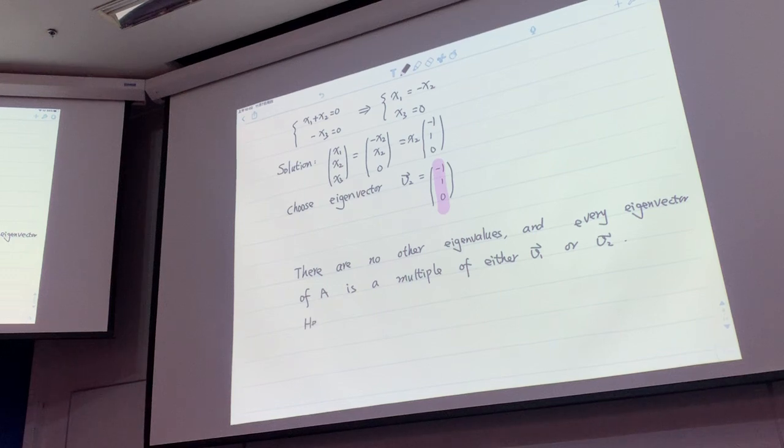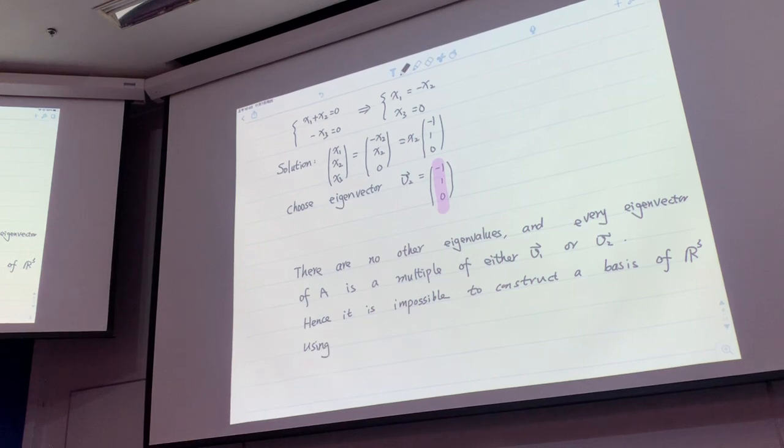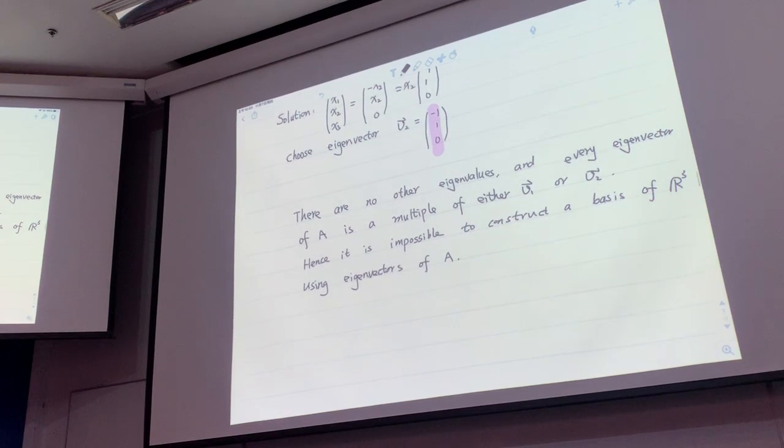Hence, it is impossible to construct a basis of R3 using eigenvectors of A. So A is not diagonalizable.